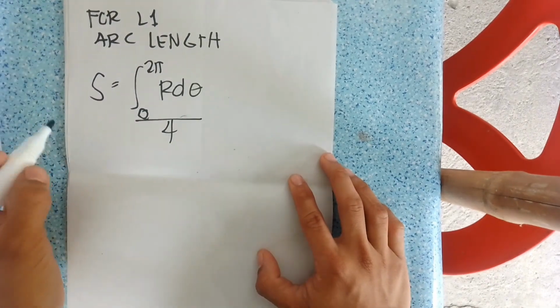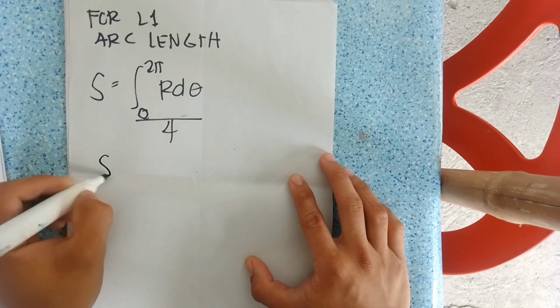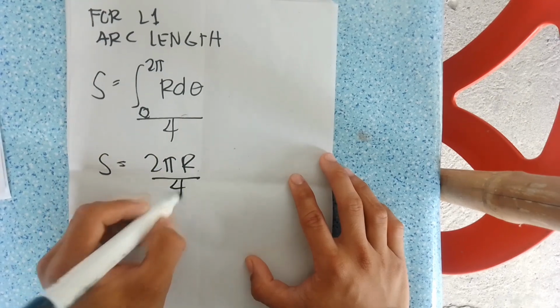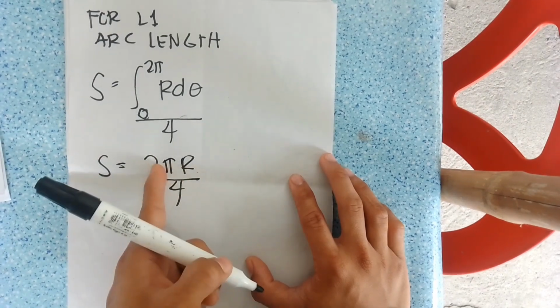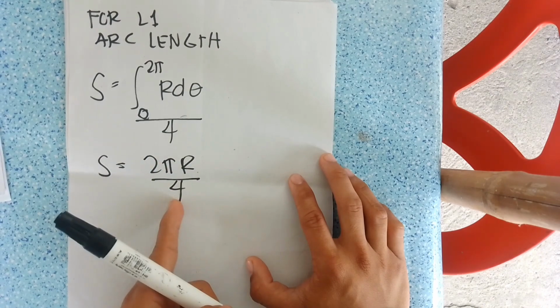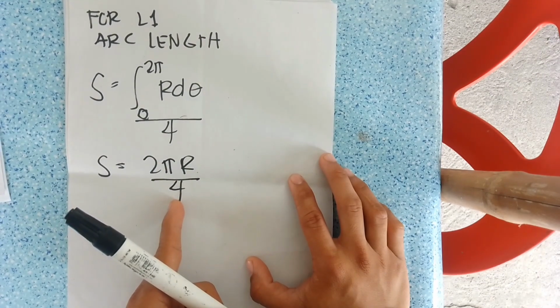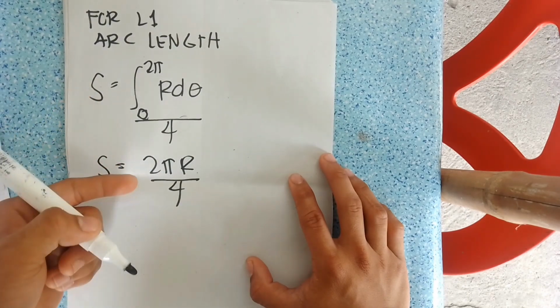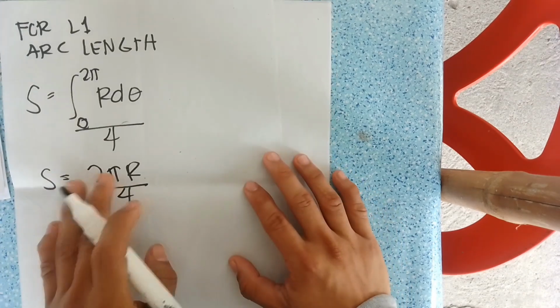Next one, pwede nyo man gamitin is S = 2 pi r all over 4. This 2 pi r corresponds to the circumference of the circle divided by 4. That also corresponds to the quarter circle. So either of the two, pwede nyo gamitan for L1. To make it convenient, let's use this one.